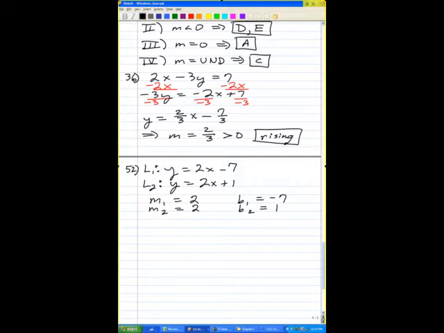They could be coincident, but they're not the same lines because they have different y-intercepts. So since m1 equals m2, and the y-intercepts b1 is not equal to b2, then these two lines are parallel. So they are parallel lines.